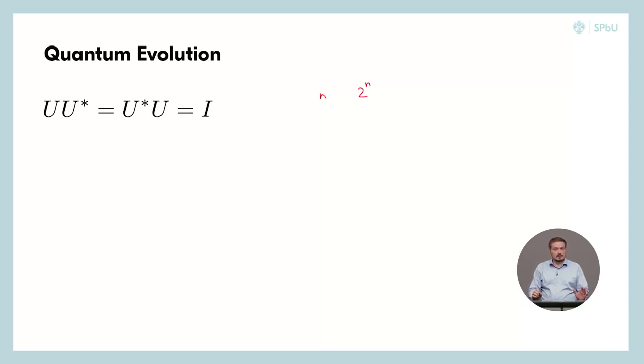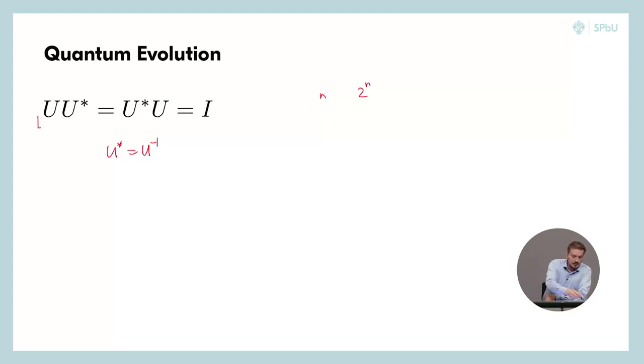Let's recall this notion, a unitary operator. It is a linear operator for which its adjoint operator is also its inverse. And the matrix of an adjoint operator is the conjugate transpose of the matrix of the original operator.